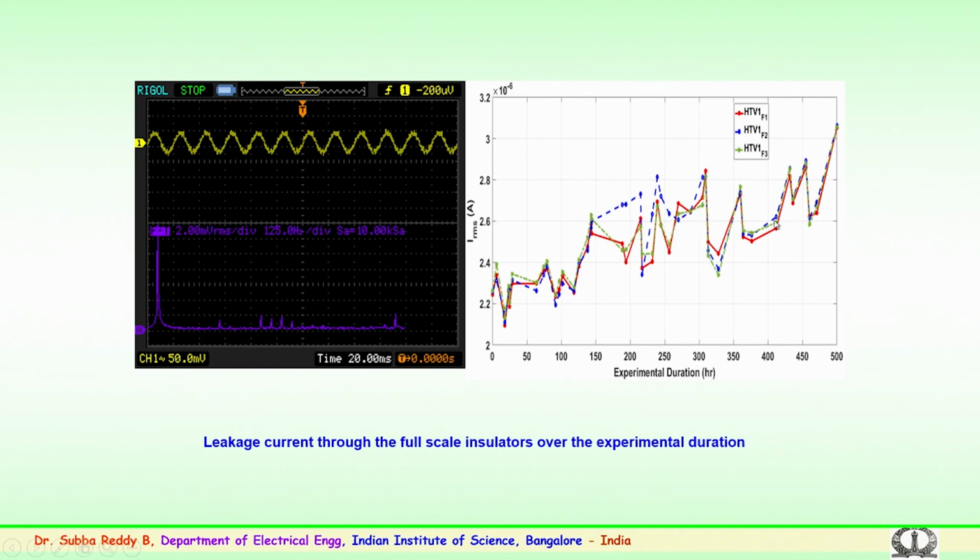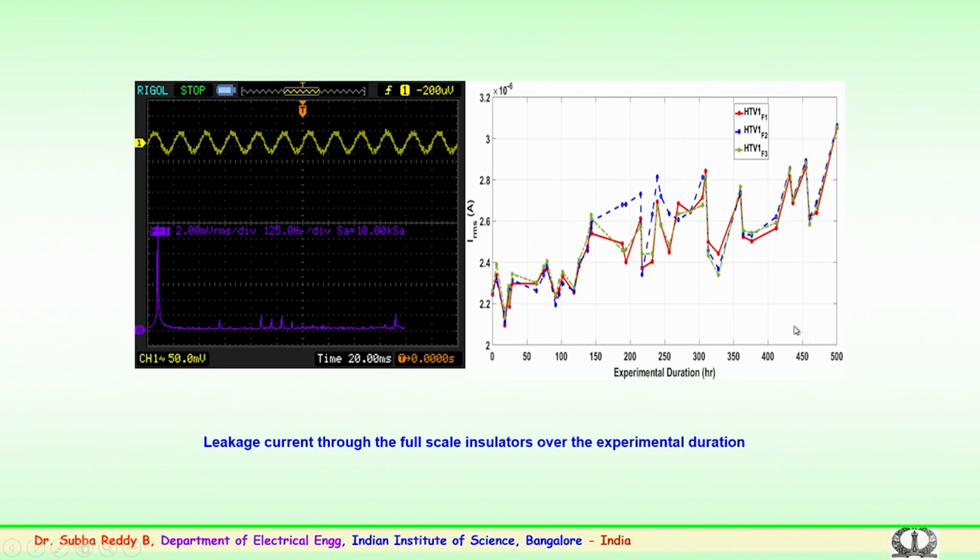Further, after 500 hours it was also seen, and we have tried to conduct the experiment for 1000 hours, a further increase has been observed. So, this shows that for the multi-stress the leakage current tries to increase over a period of time, and also the surface degradation studies and analysis were conducted after 500 and after 1000 hours.